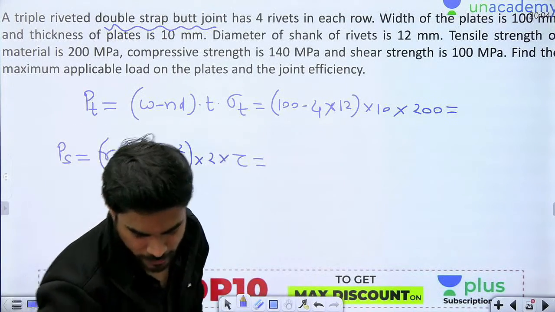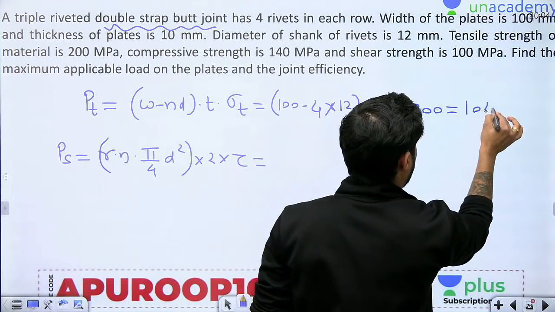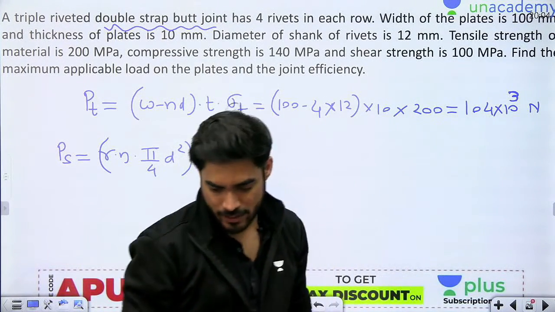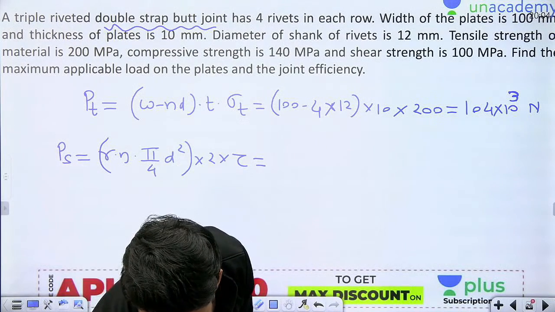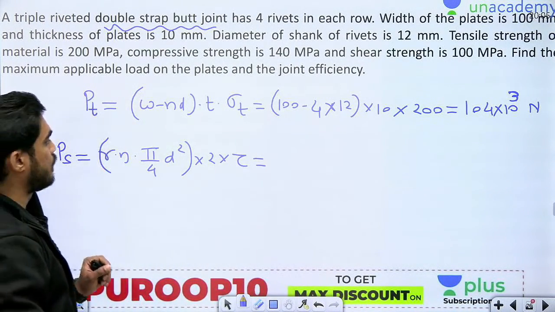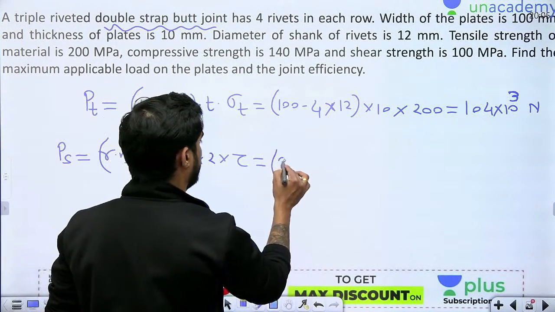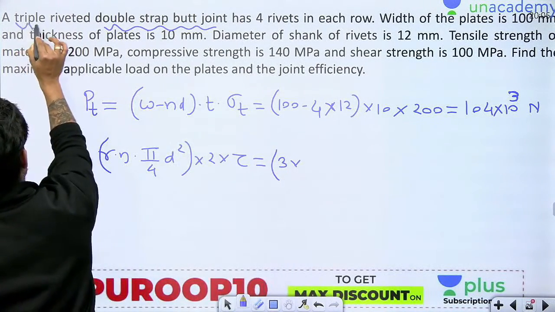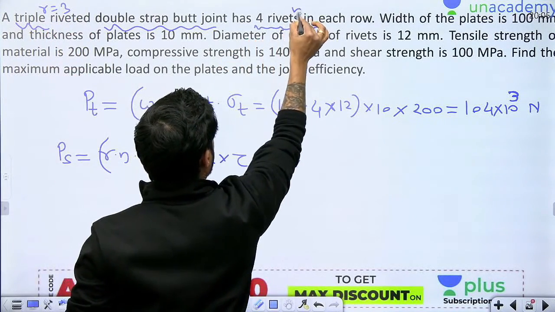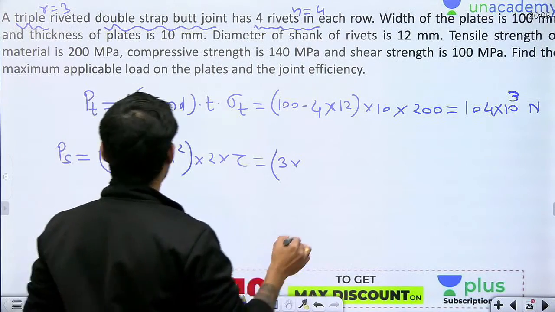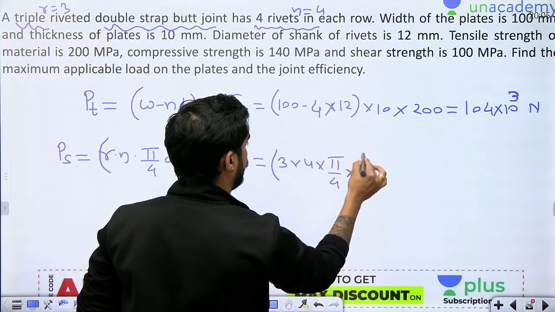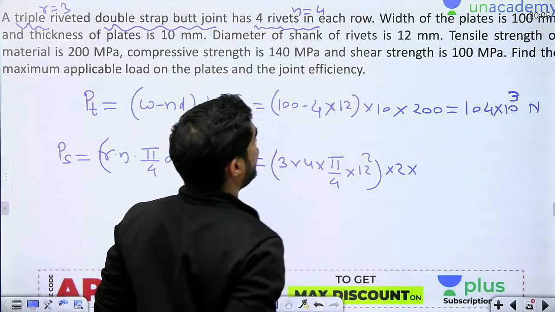So this will be 104 kilonewton. If you have made the same mistake, beta, please correct yourself. Yes, Palak, N is 4. Yes, Jitendra, 104 kilonewton. Now PS will be how much? Triple riveted means R is 3 and 4 rivets in each row, so N is 4. So 3 into 4 into pi by 4 into 12 square multiplied by 2 into tau.